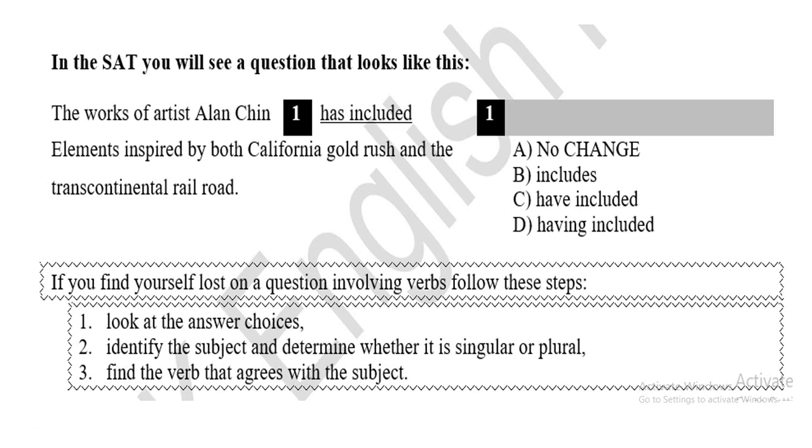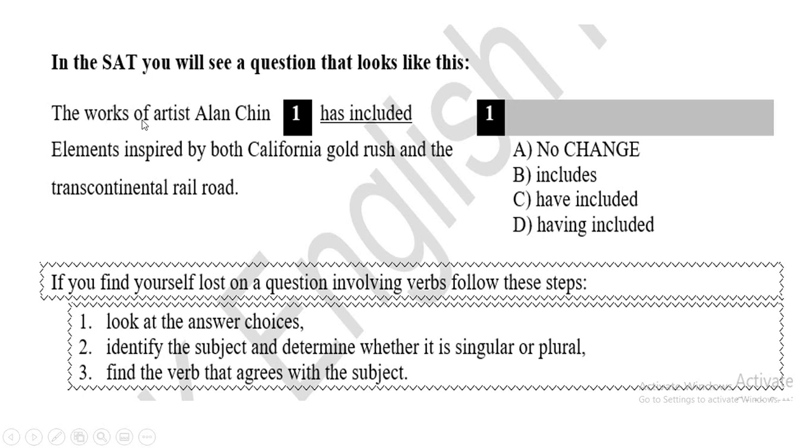So here, where is the subject? Is it Alan Chen? Alan Chen has included? No. Alan Chen is part of a prepositional phrase, so let's forget about it now and look just before the preposition.